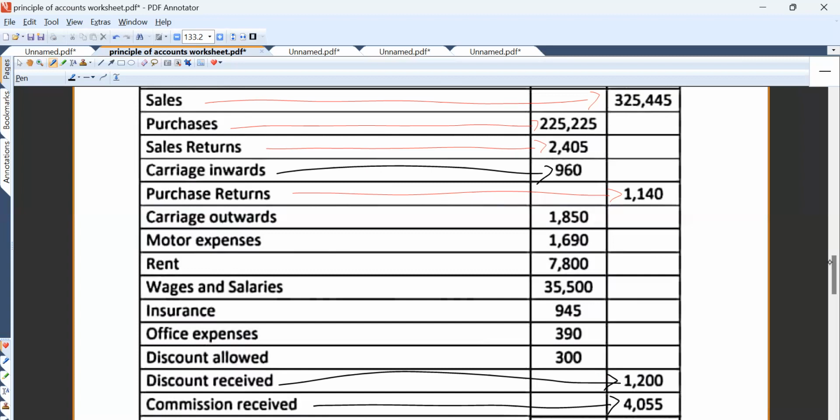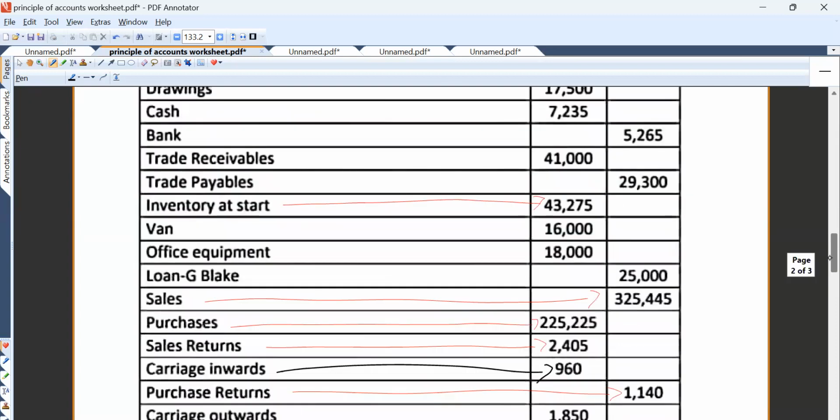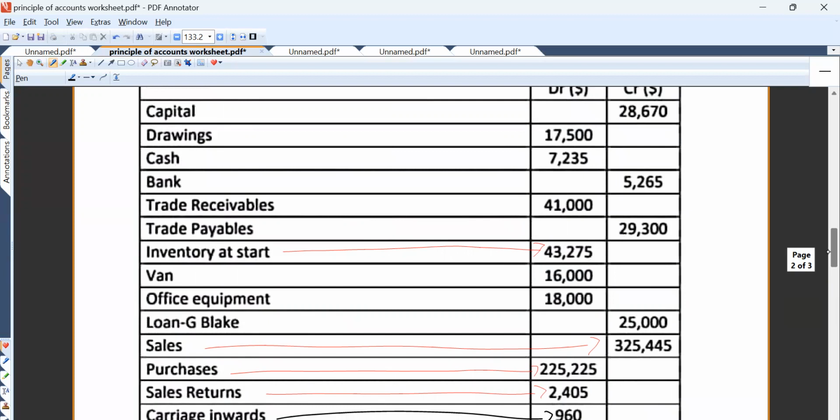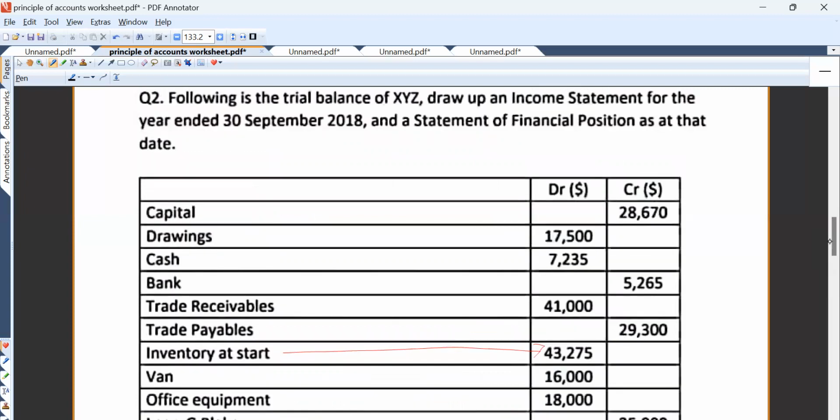Then we move on with our expenses. Bank is not an expense. Bank is our current asset. I'm talking about van.